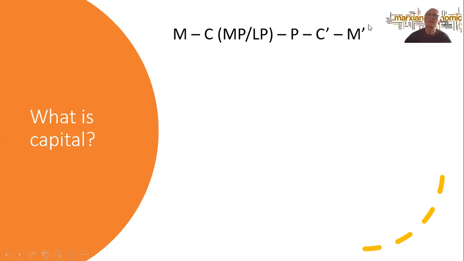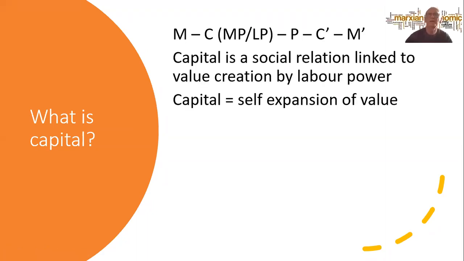So then that commodity is sold in the market and the capitalist ends up with M, money again, but with more money. So through this process of going from money to purchasing commodities, production, selling a commodity, you get more money. And this is what Marx calls different forms of capital which exist.